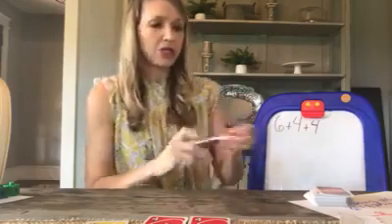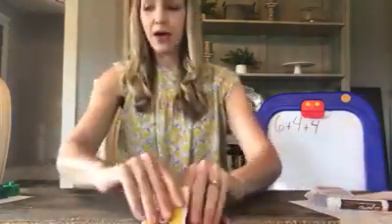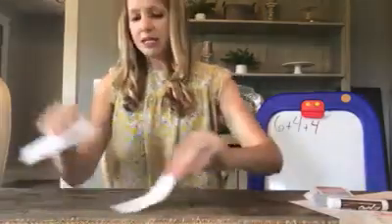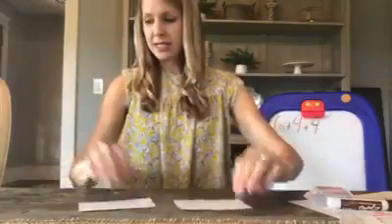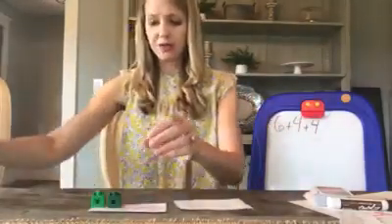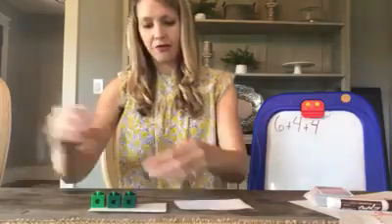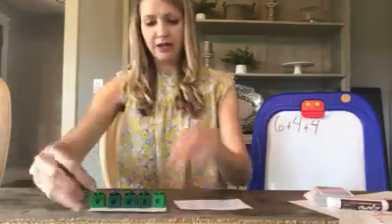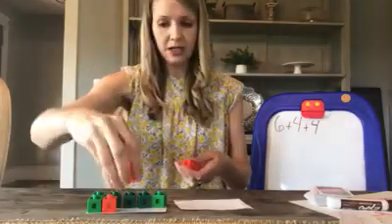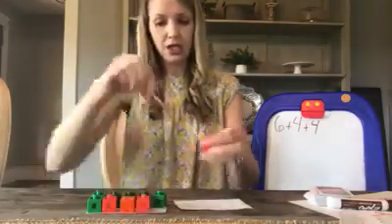Well, we can do our strategies again. So I can do my tens frames. Here's my tens frames. We found 6. So 1, 2, 3, 4, 5, 6. And then we found 4 more. 1, 2, 3, 4.